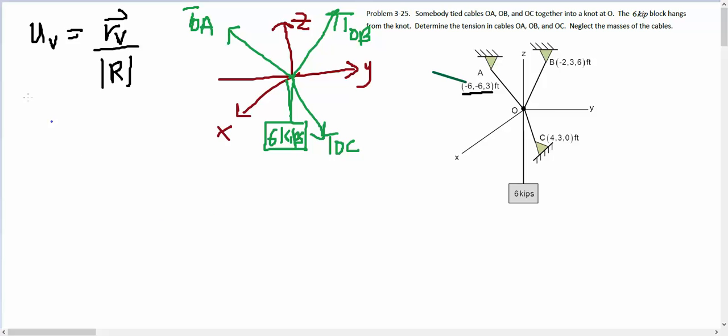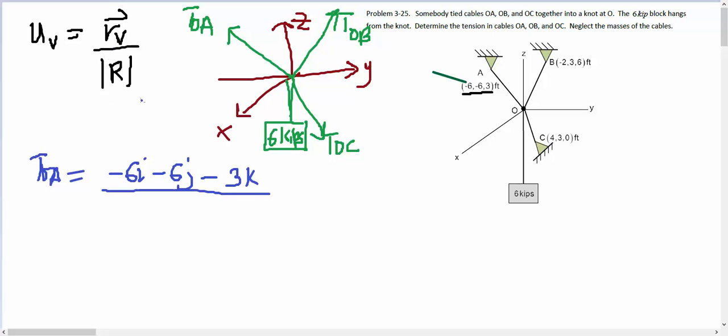Okay, so here for TOA, the unit vector would simply be minus 6I minus 6J minus 3K divided by the magnitude. The magnitude is the square root of the sum of the squares of each of the components. So here we have minus 6 squared plus minus 6 squared plus minus 3 squared. It doesn't really matter to put the negative sign because the square still comes out to be positive, but you can if you want to.